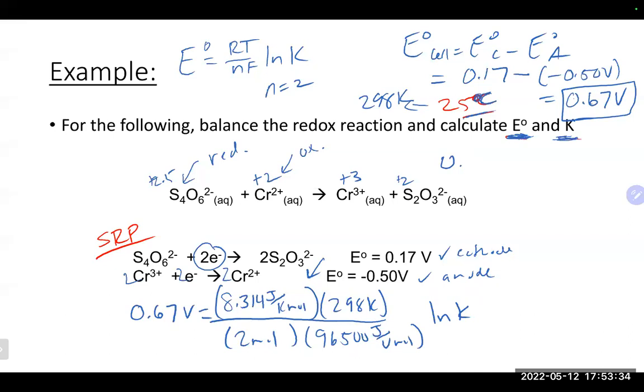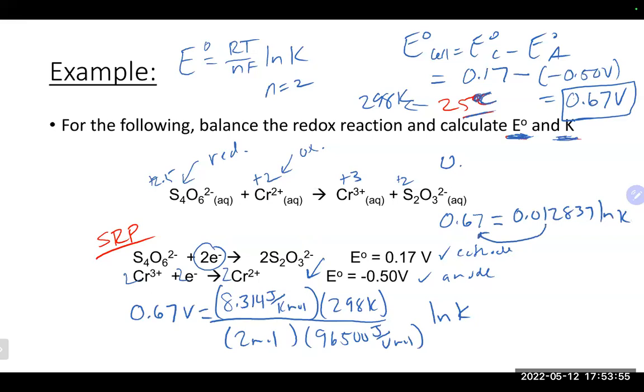So I'm going to go 8.314 times 298 divided by a 2 and then divided by a 96,500. That will give me 0.67 is equal to 0.012837 natural log of K.